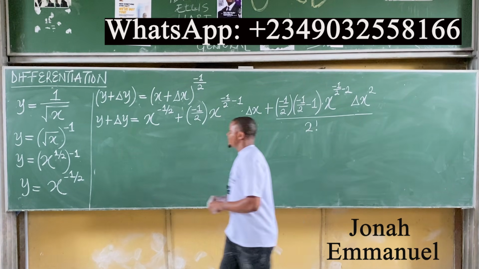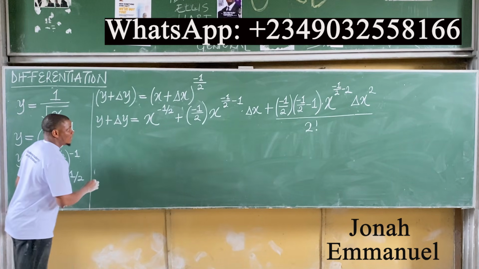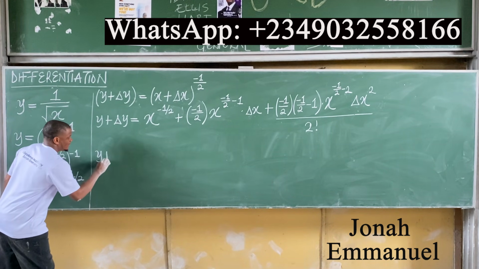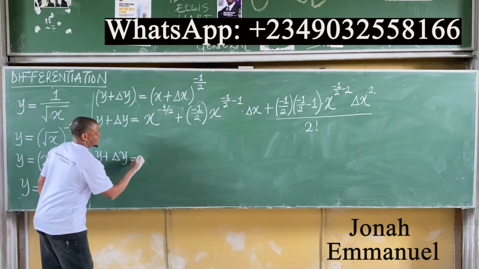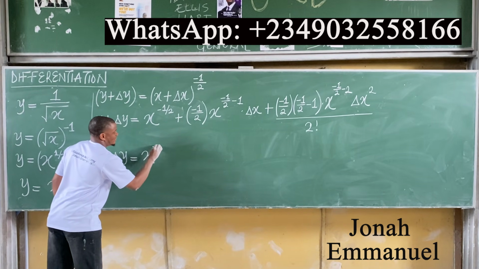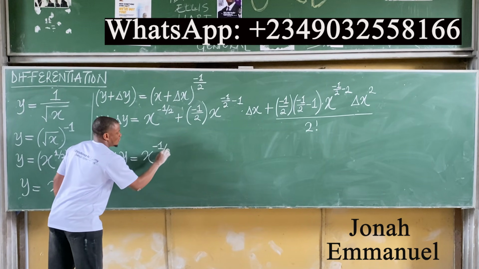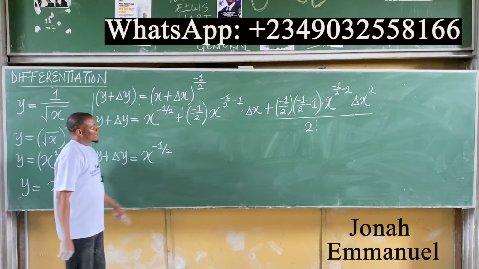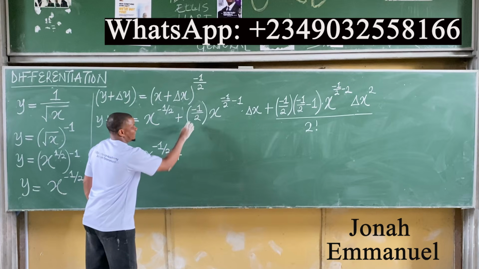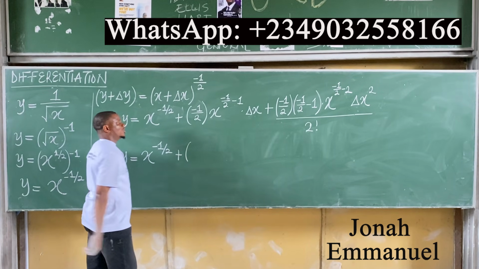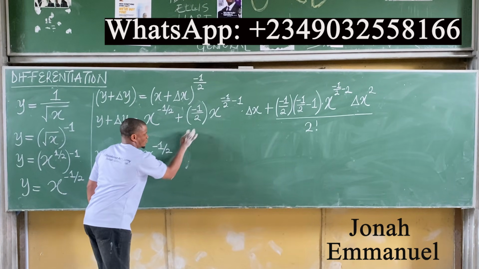So let's simplify. If I simplify, this becomes y plus change in y, it's equal to, this gives you x to power what there? Minus 1 over 2. Let's simplify this one here. What do I have there? This is plus, what do I have here? Okay, hold on.